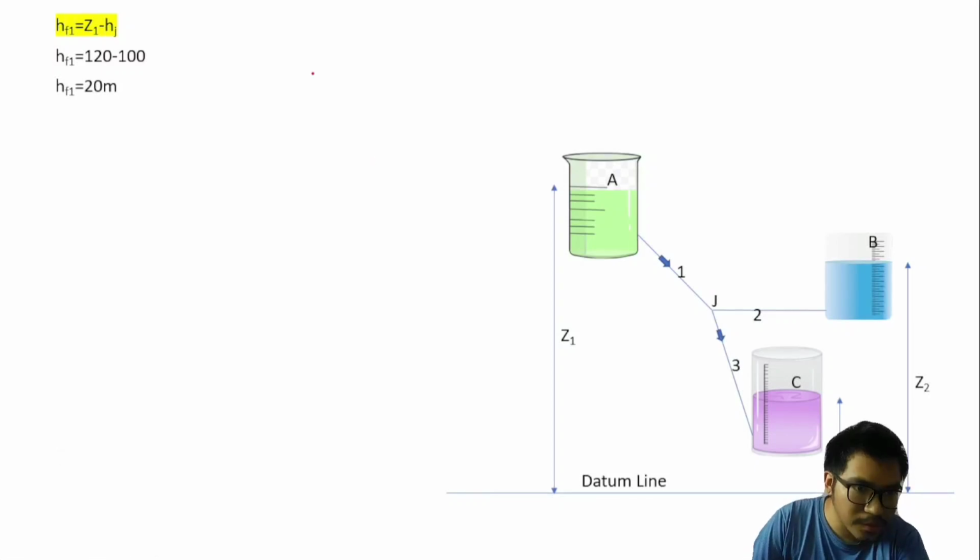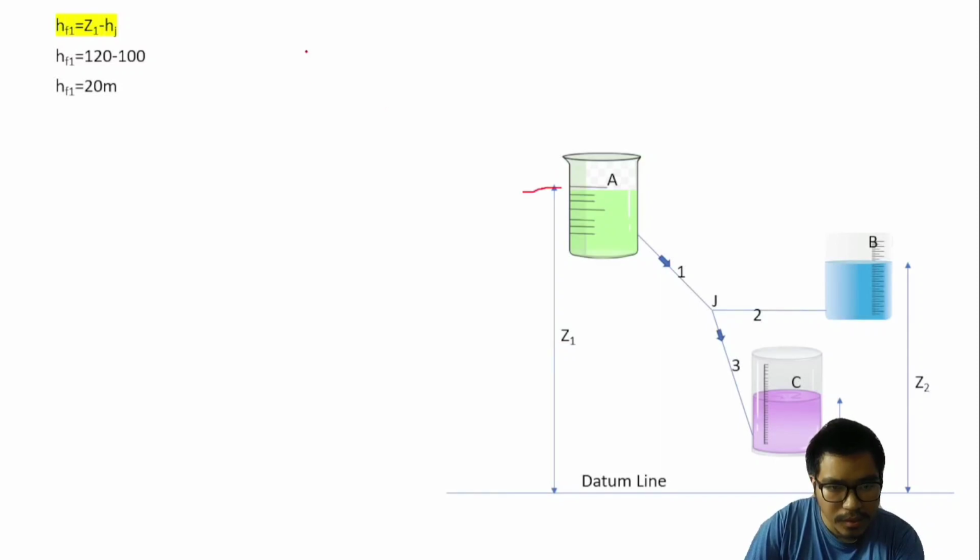Total head at 1, H1, is equal to datum head, that is Z1, plus pressure head, that is P1 upon rho G or gamma, plus velocity head V1 square upon 2G.